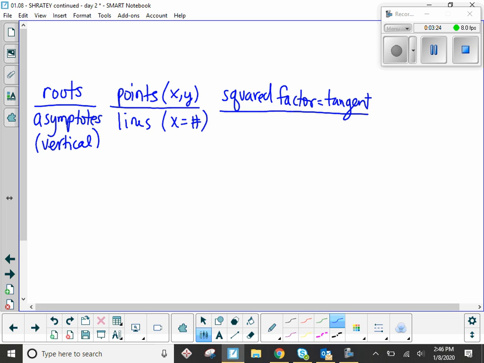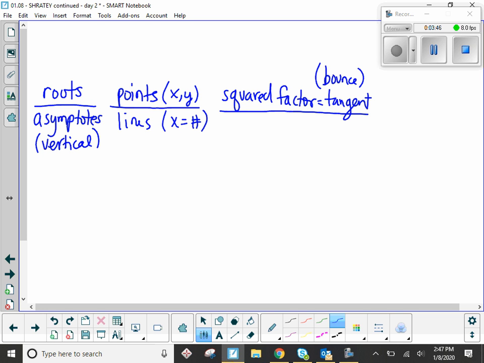Last semester, we didn't call it tangent. What did we call that? Bounce, right? So that means it's going to bounce at that root. So if you have a squared factor, the T thing happens, and it happens to be tangent.